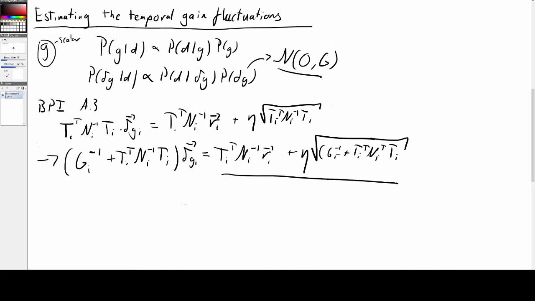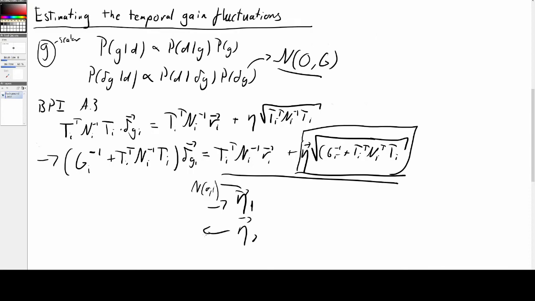Now there is another way of writing this, which you will see in the paper, which is that this fluctuation term can be rewritten. So I'm just going to rewrite that particular part. In this rewriting, we have two normal vectors.